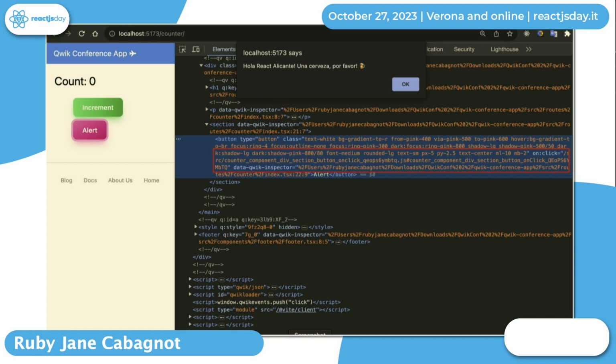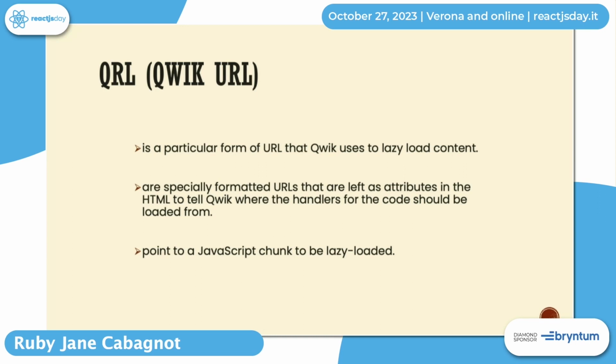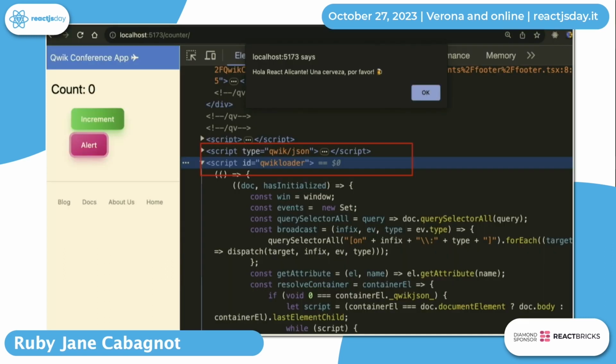If you notice, that's a QRL, or Qwik URL, that contains all the information Qwik needs to lazy load and then execute. QRLs are specially formatted URLs that are left as attributes in the HTML to tell Qwik where the handlers of the code should be loaded from.